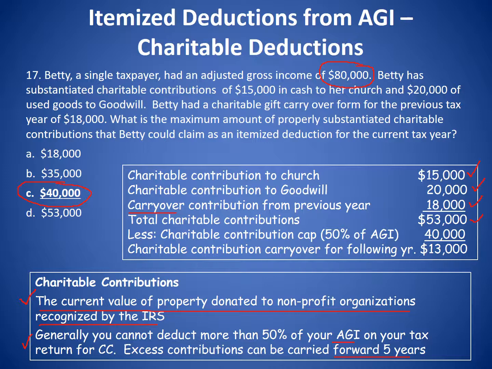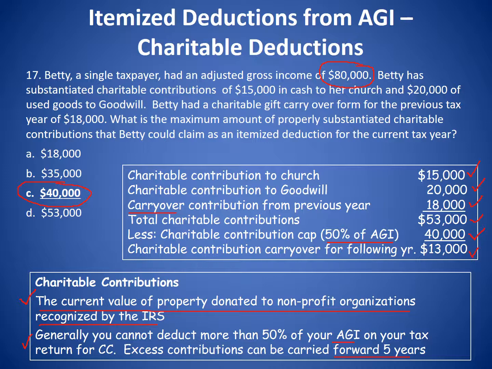So that means 50% of her $80,000 is $40,000. That's her cap. That's as much as she can deduct in this year, which is the amount that we showed in our answer C. And then the charitable contribution carryover for the following year will be $13,000.